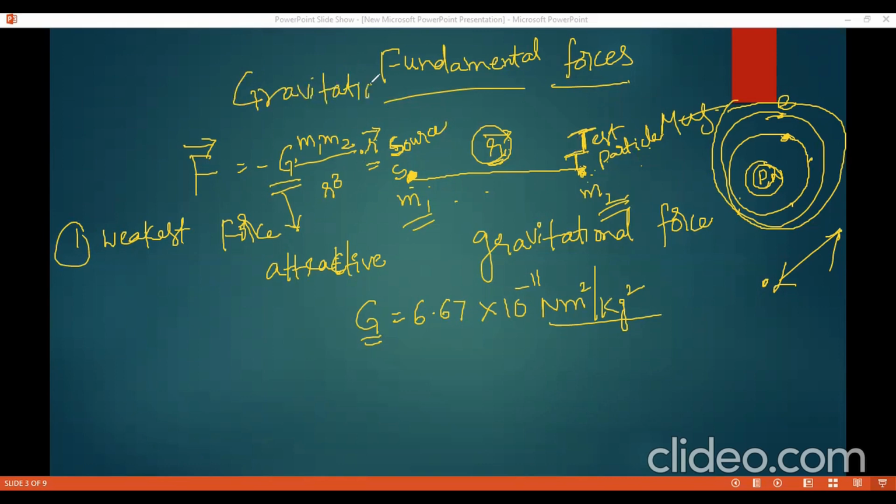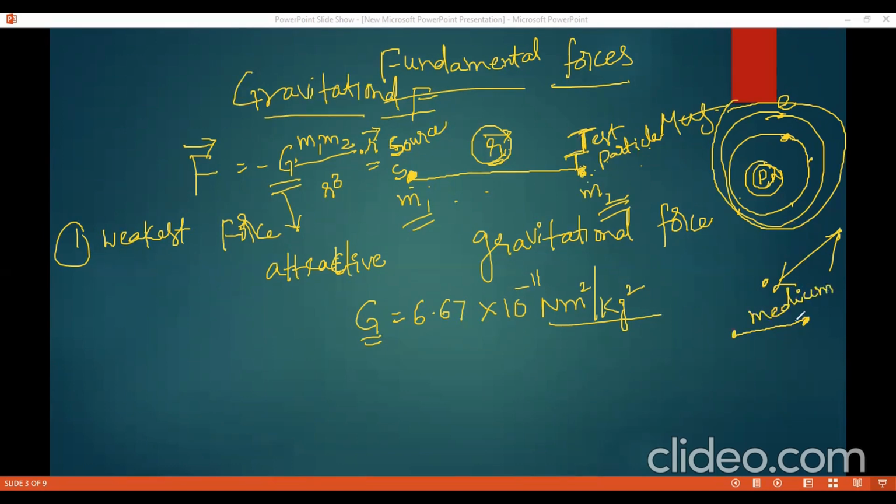Gravitational force. Yes, there exists gravitational force. You observe here, you are taking two particles. Say two particles are separated by some medium, right?